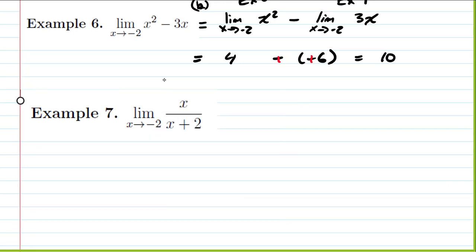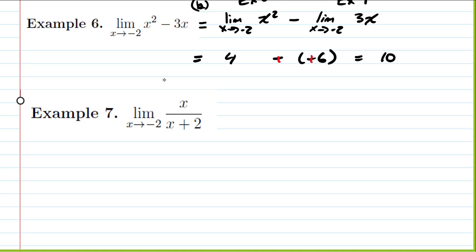So we have the limit as x goes to negative 2 of x over x plus 2. And we really would like to use our limit property e, but it says that g of x, or our denominator, the limit can't be 0. Well, what's the limit as x goes to negative 2 of x plus 2? 0.